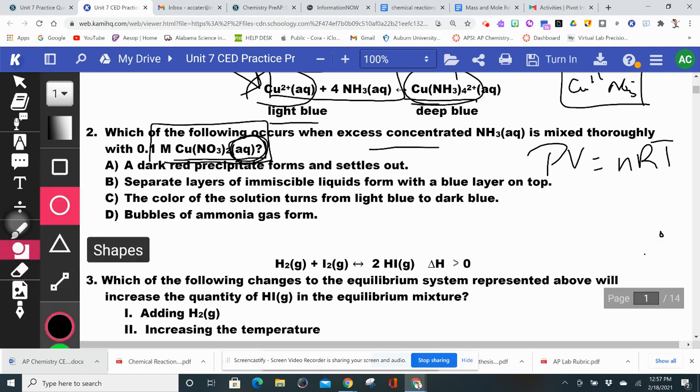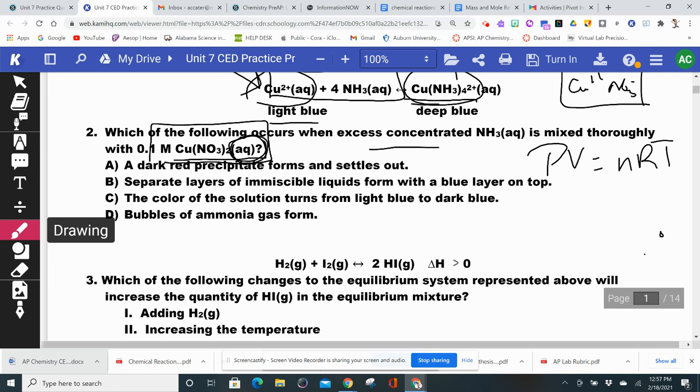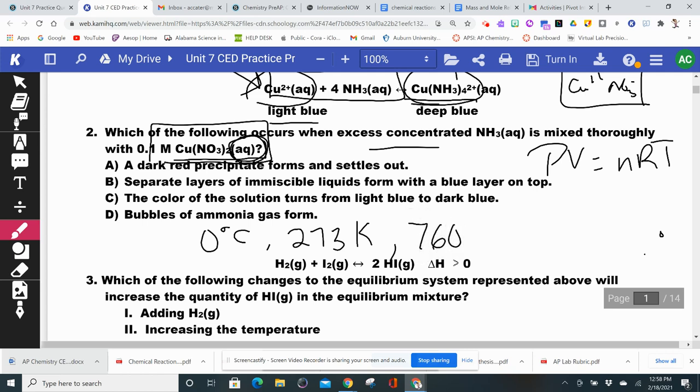So that is a useful thing if you're at standard temperature and pressure, which standard temperature is 0 degrees Celsius or 273 K. Standard pressure is 760 millimeters or torr, or 1 atmosphere. Now, if you're not at those conditions, that conversion is not true.